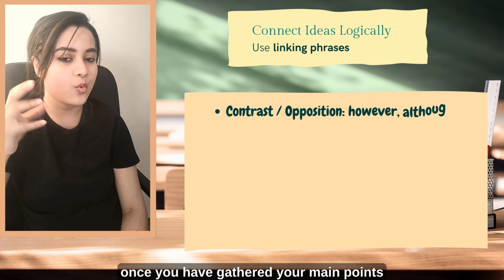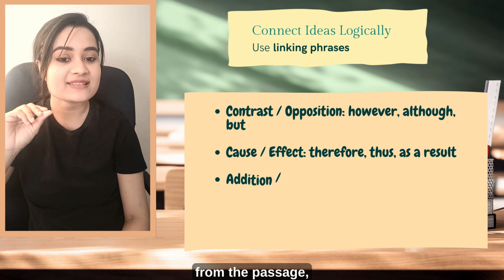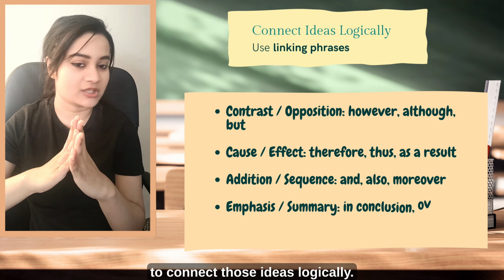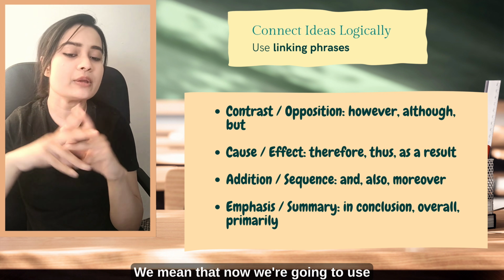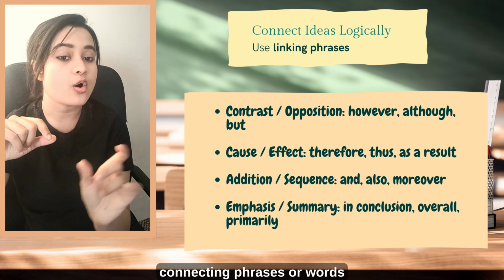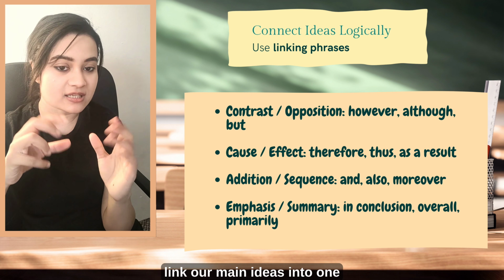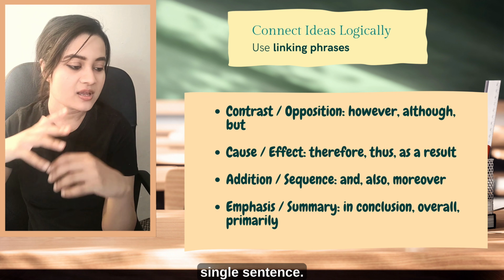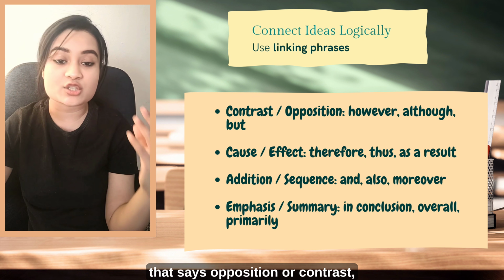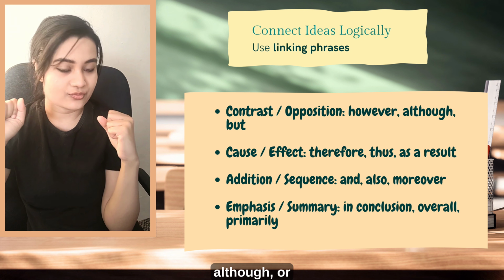Your next step, once you have gathered your main points from the passage, is to connect those ideas logically. What do we mean by that? We mean that now we're going to use connecting phrases or words to link our main ideas into one single sentence. These words can be something that says opposition or contrast, for example, however, although.